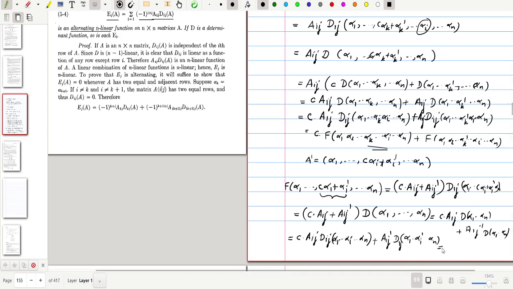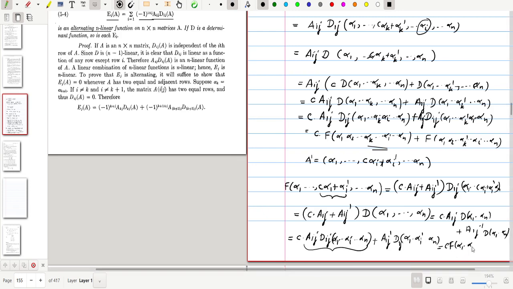But this is by definition our f of alpha 1, alpha 2, etc., alpha I, etc., alpha n. So that is c times f of alpha 1 etc., alpha I, etc., alpha n plus, by definition, the ijth entry of the row alpha I prime times dij of this.